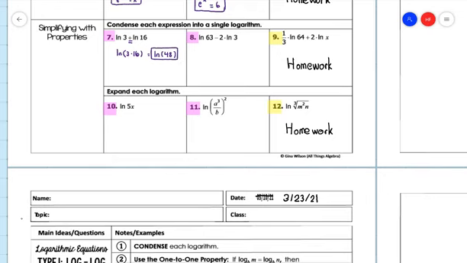Now number 8, we've got minus 2 times, so this 2 becomes the power, and that minus means we've got division. So this is the natural log of 63 over 3 squared. And 63 divided by 9 is 7. So this would be the natural log of 7.